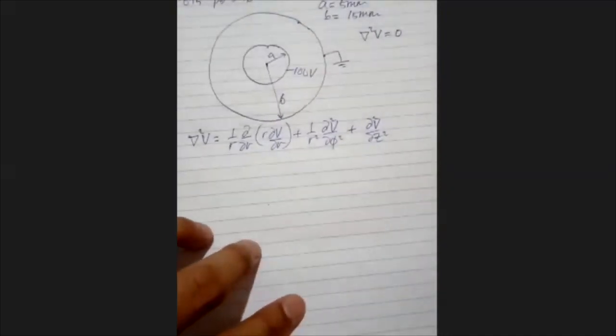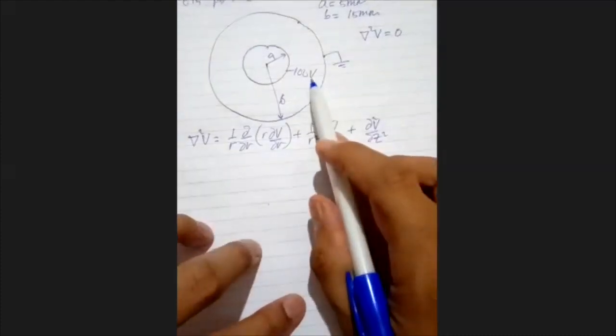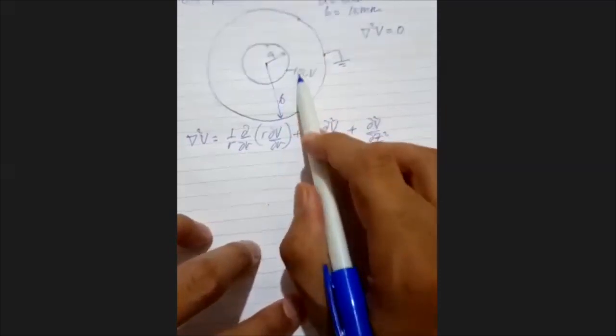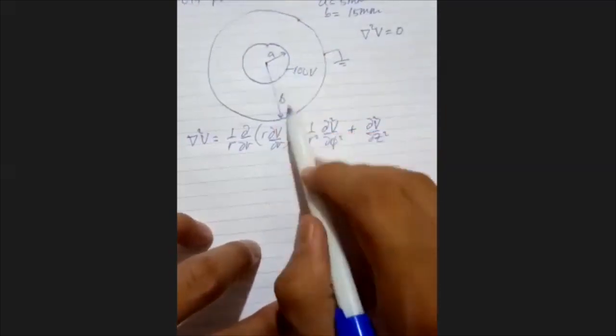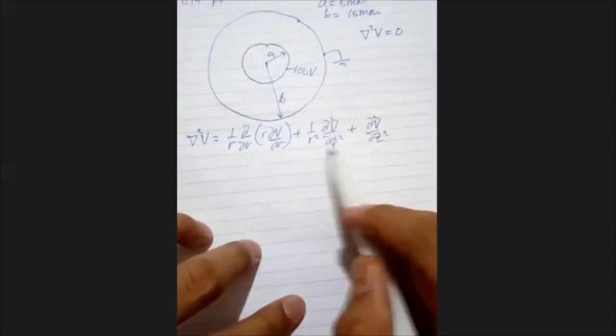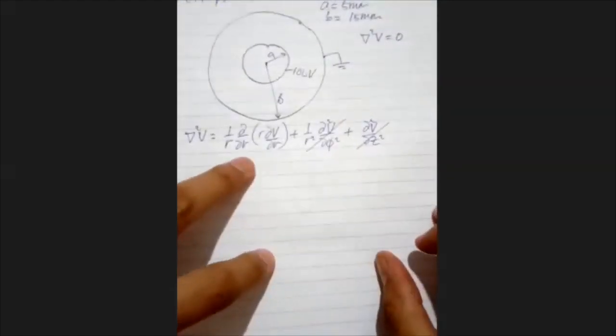We know clearly from the diagram that the potential depends on the radius, isn't it? So at r equal to a, 100 volts, and when r equal to b, 0 volt, it means that there's no effect on these two terms. So we can simply ignore the phi term and also the z term, just focusing on the r term.